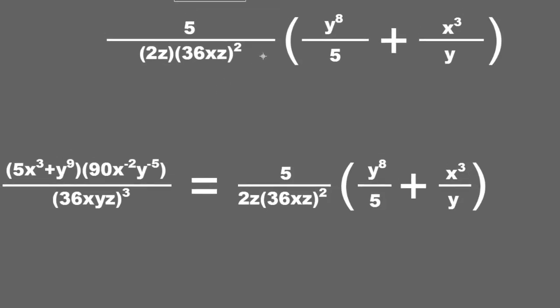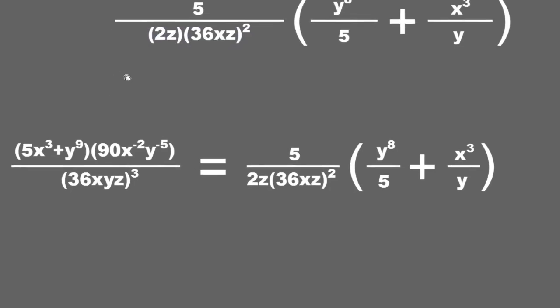So as I said before, there's nothing more to simplify here. Of course, there's nothing more to simplify in the numerator, it's just a 5. And in the denominator, I cannot cancel anything with the numerator, so it is as simple as it's going to get.